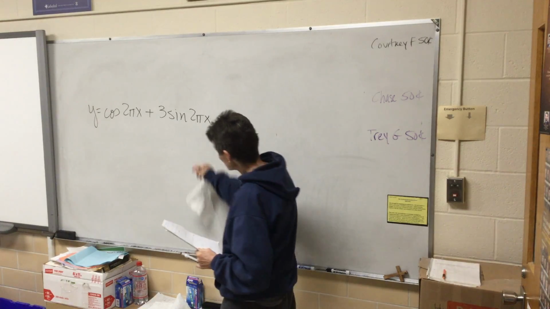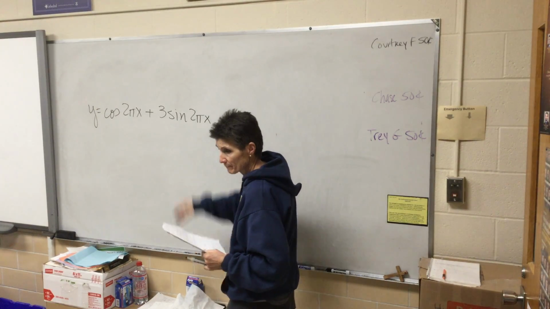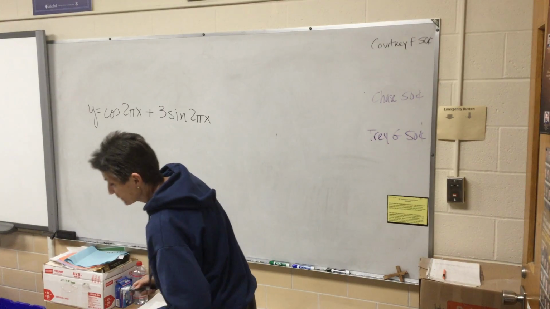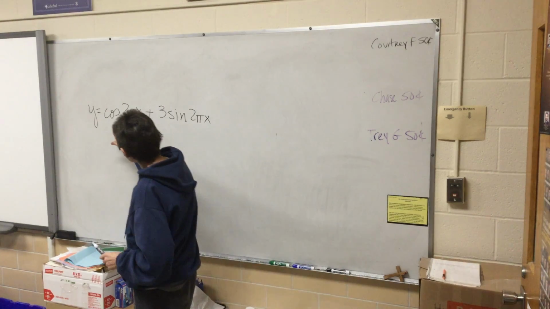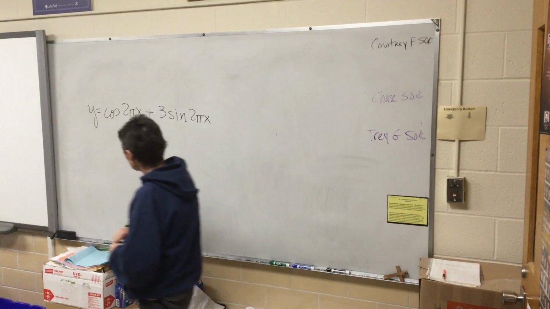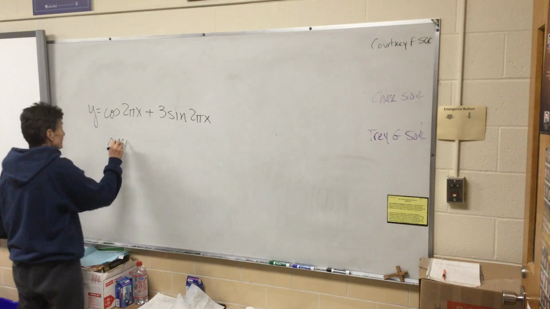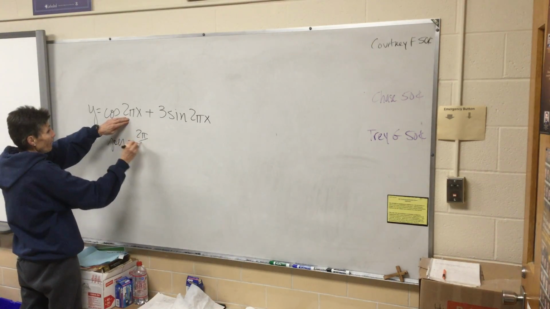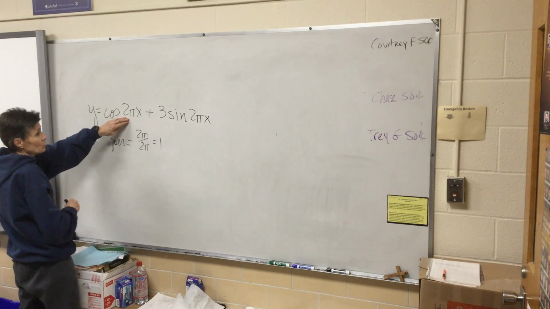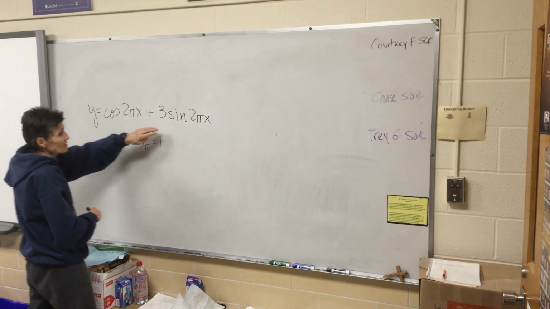Now, do you think this one's going to be sinusoidal? Yeah, because you've got a cosine and you know the normal period of the cosine is 2 pi, but you're dividing it by 2 pi, so the period's 1. This one's same thing.